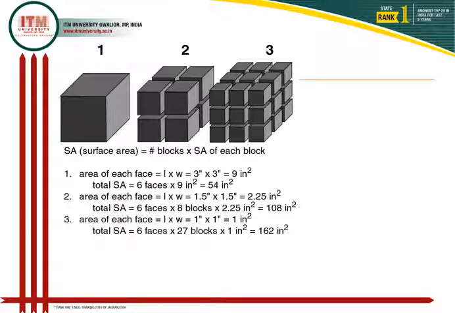But on the other side, if we increase the number of cubes, the area will also increase. In the first case, the area of each face is 9 inches square and we have a total of 6 surfaces in the cube, so the area is 54 inches square.